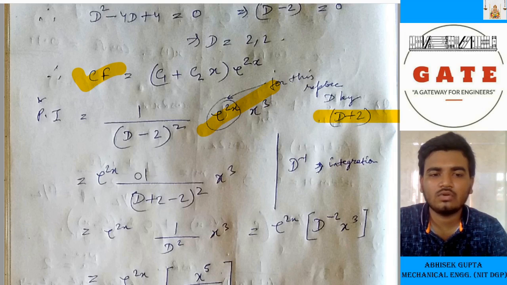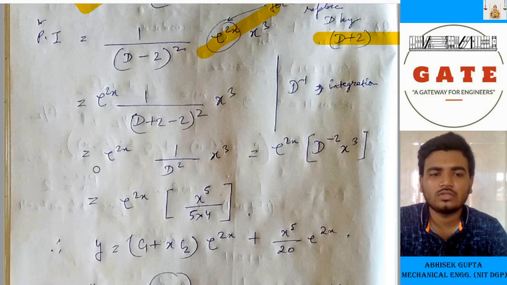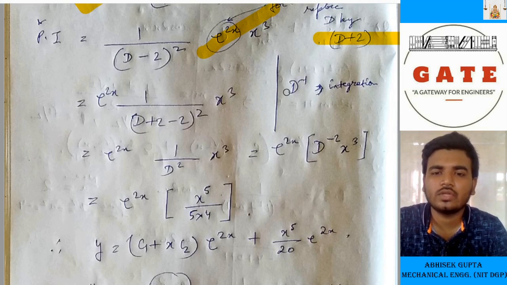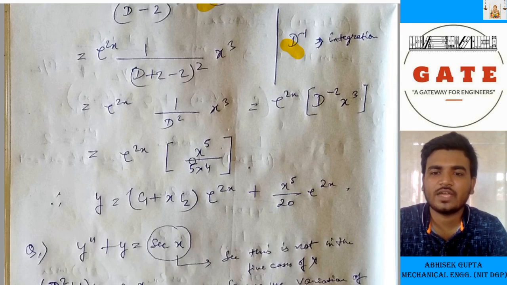So e power 2x, 1 by D is replaced by D plus 2. So D plus 2 minus 2 will give D. So e power 2x 1 by D square x cube. Now inverse it, and you will get e power 2x into D power minus 2 x cube. Now we know that D power minus 1 will be integration, and D power minus 2 means 2 times integration of x cube.